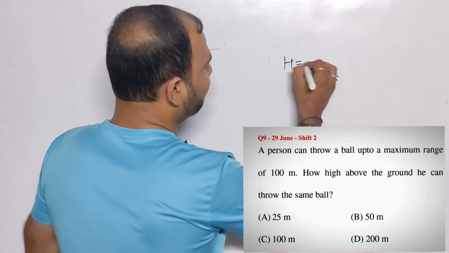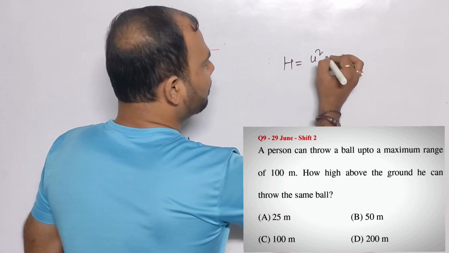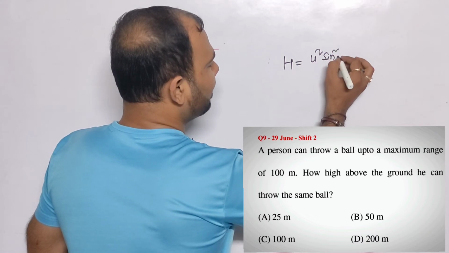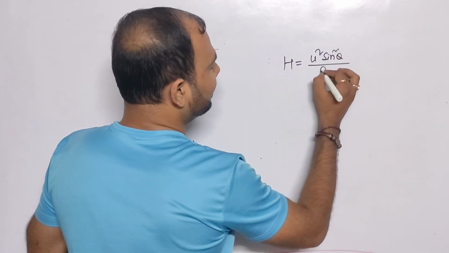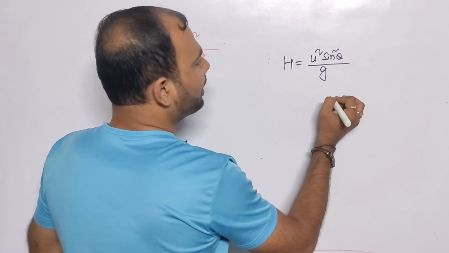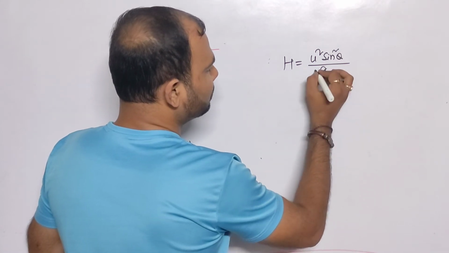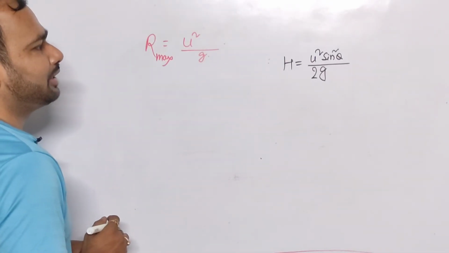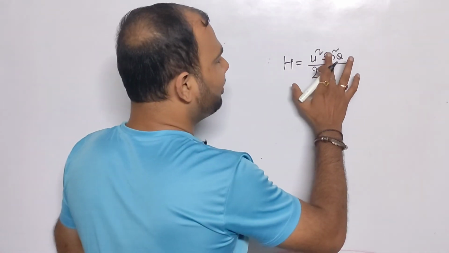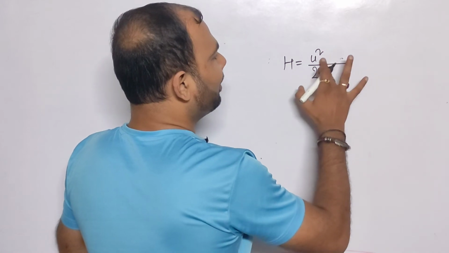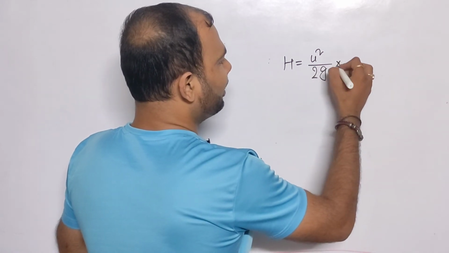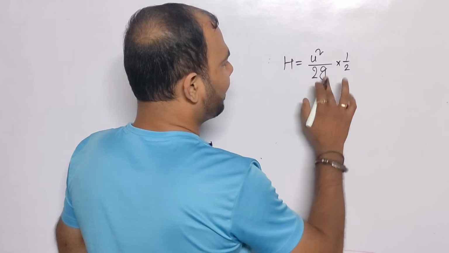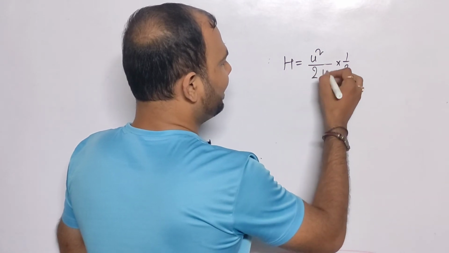H equal to u square sine square theta by 2g. Theta will be 45 degree, so sine square theta will be 1 by root 2 whole square, that will be 1 by 2.